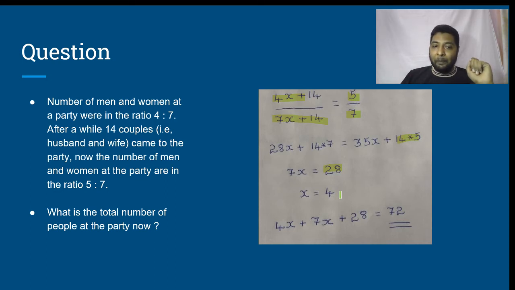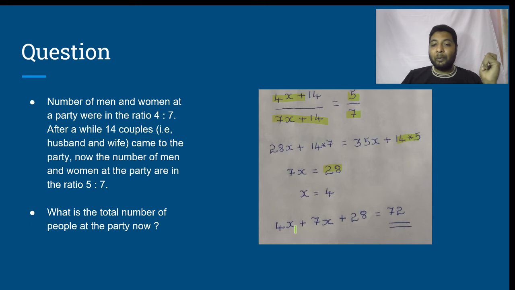How many people are there at the party now? So 4x, the number of men who were there earlier, plus 7x, the number of women who were there earlier, plus this is a common mistake that people make. In a hurry, you might add 14, but no, you have to add 28 because it is 14 couples, which is 28 people.